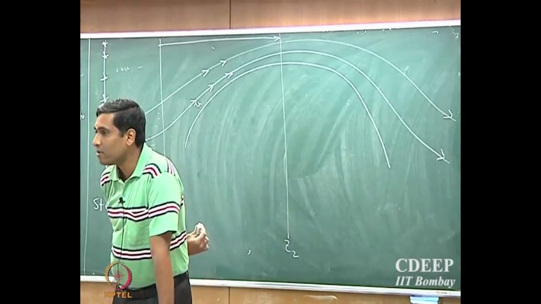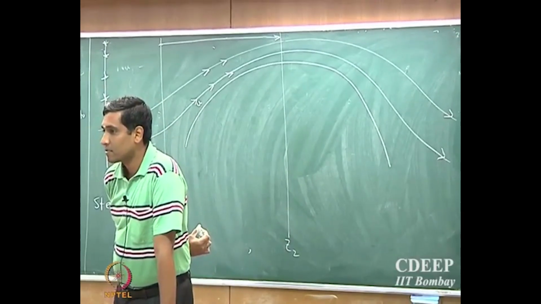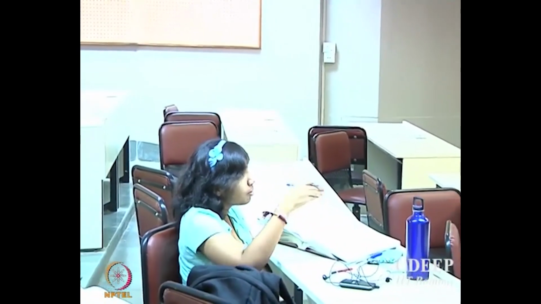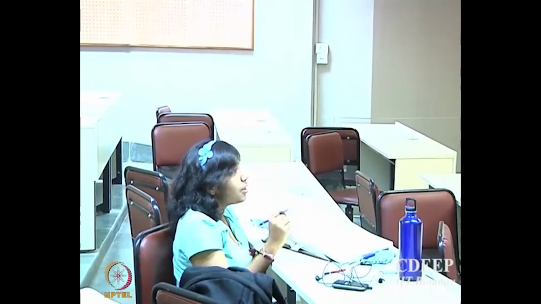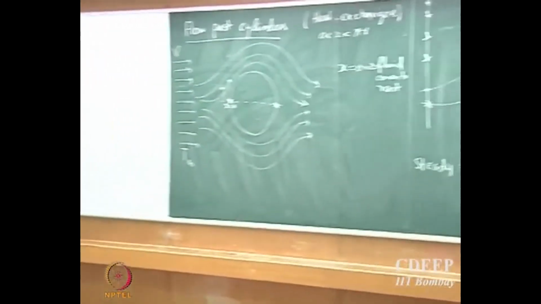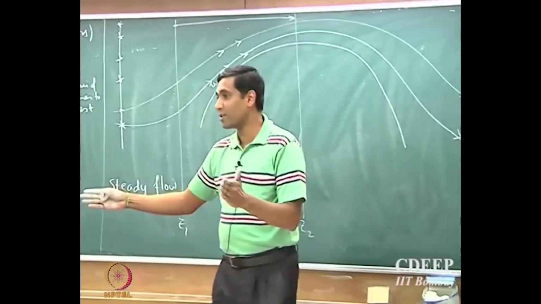Same thing can be said for the flat plate? But there the distance traveled is the same. So remember that for the fluid particles in a flat plate, the distance traveled is the same.